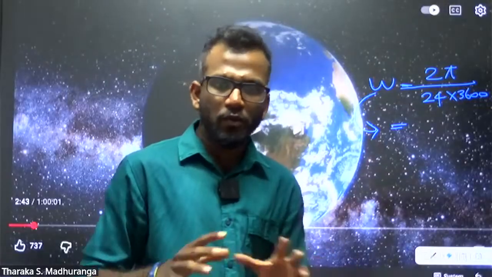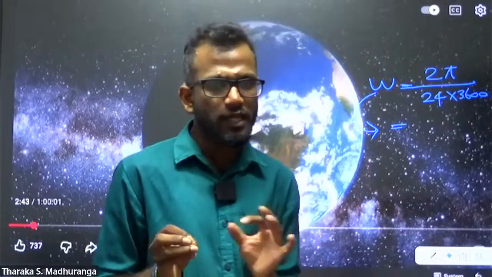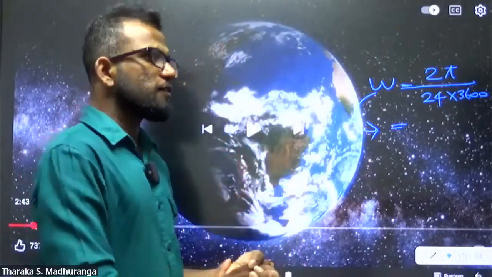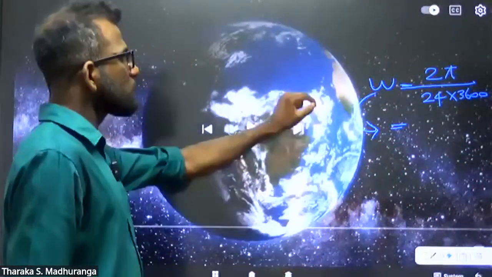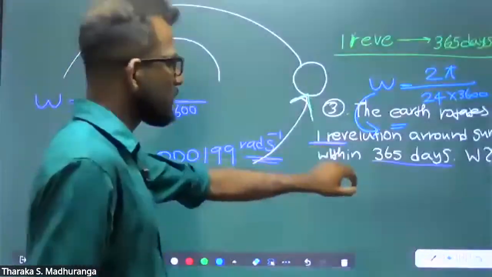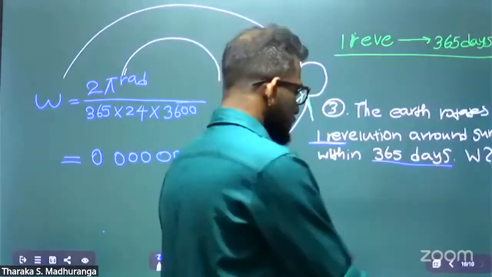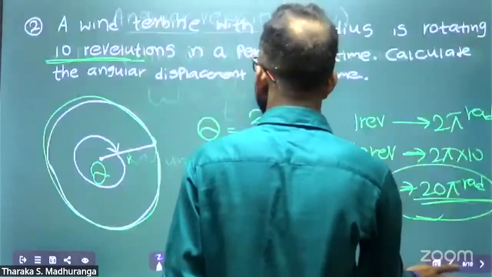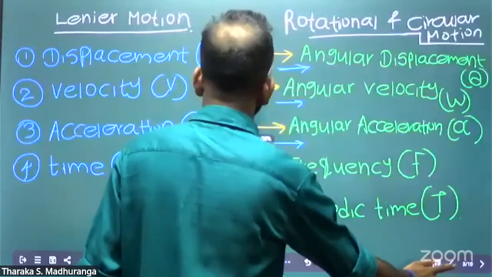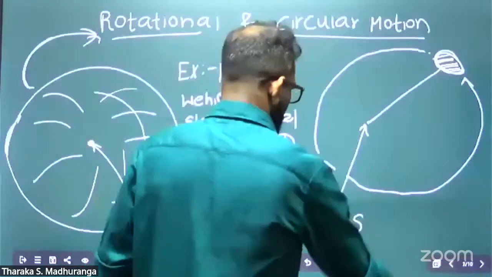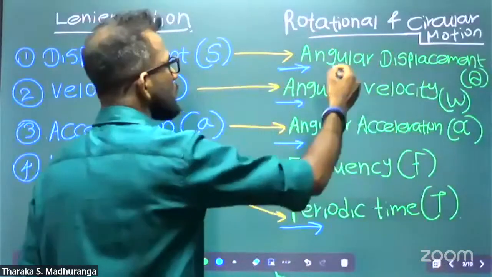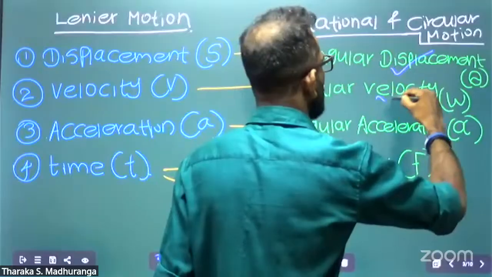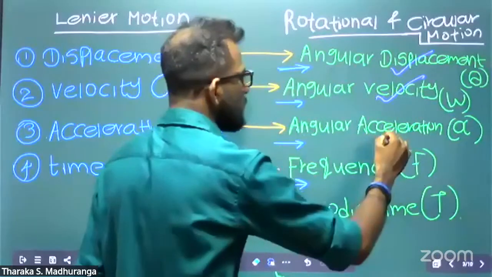Now you have all the basic knowledge of rotational and circular motion. Next week we can discuss the second part of rotational and circular motion, and complete 60% of the lesson, as I told. Today, angular displacement and angular velocity are completed.